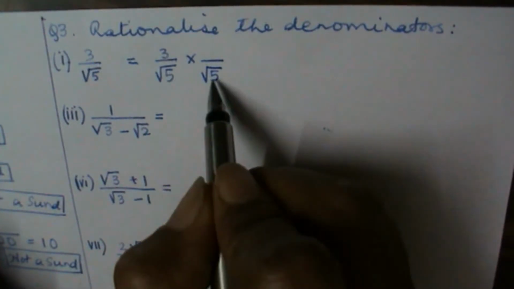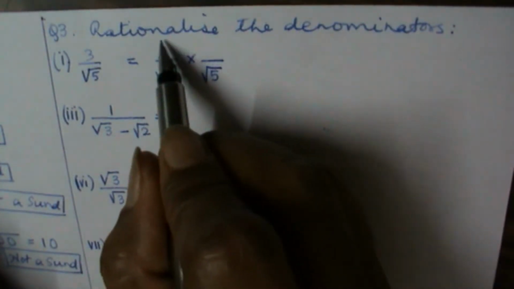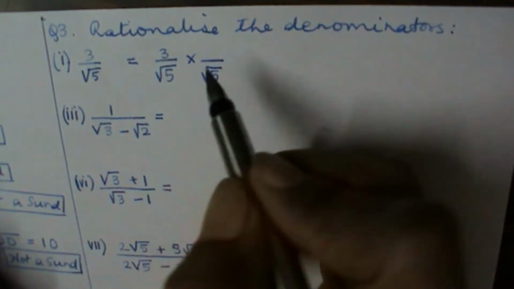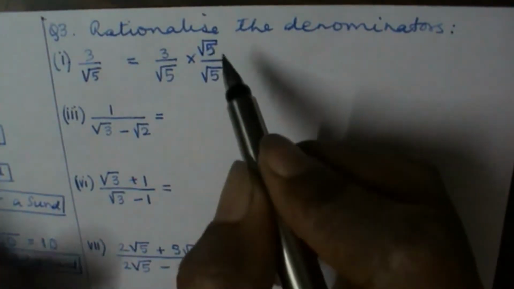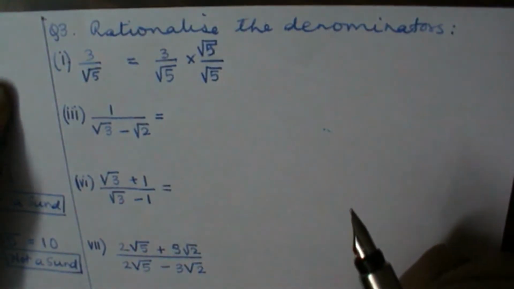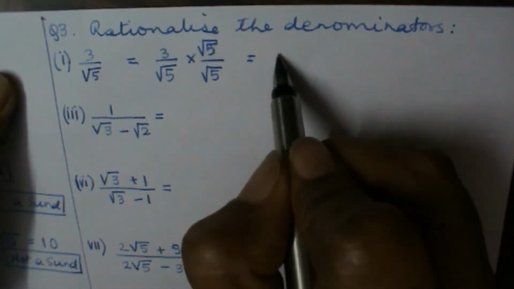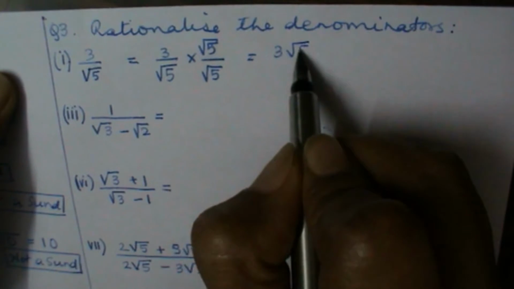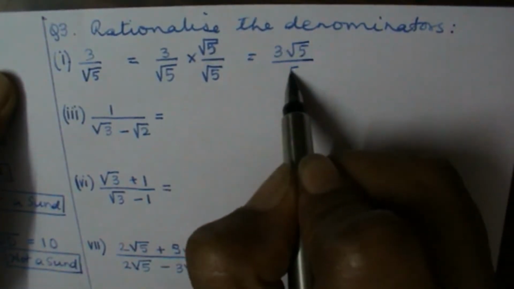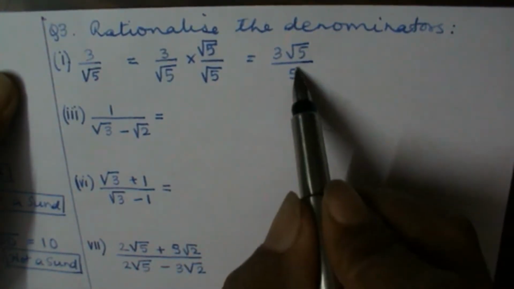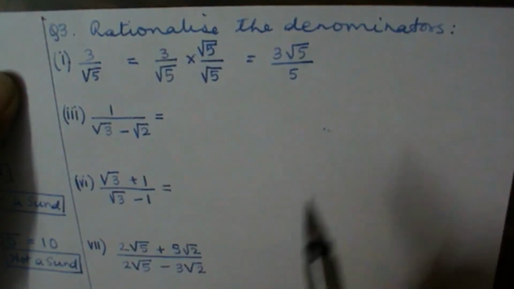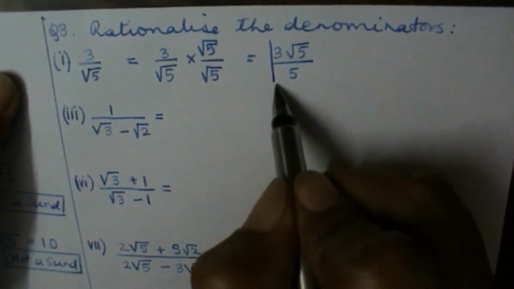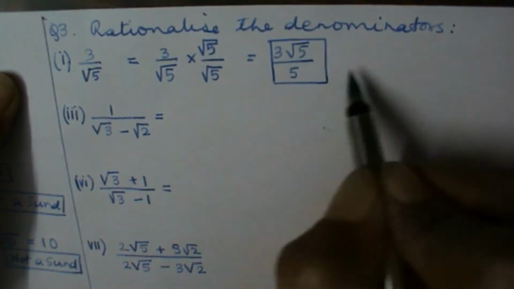But I cannot just multiply the denominator because the whole fraction has to have the same value. So I will put like so. So I multiply and divide by root 5. So that gives me in the numerator 3 root 5 upon 5. Can you see this has become a rational number? So we have rationalized the denominator. And this is our answer.